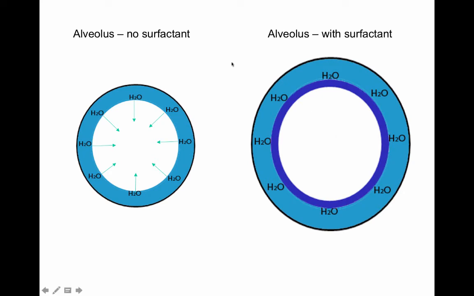So in an alveolus with no surfactant, we have this water attraction that will try to close an alveolus when we expire air. But with surfactant, we have this layer of detergent-like material that helps stop the attraction between water molecules so that we can exhale air and still have these alveoli re-expand.